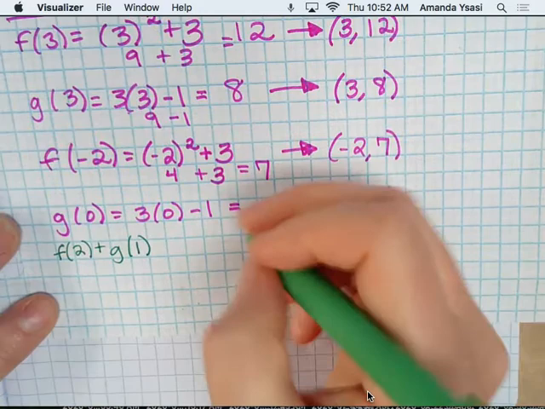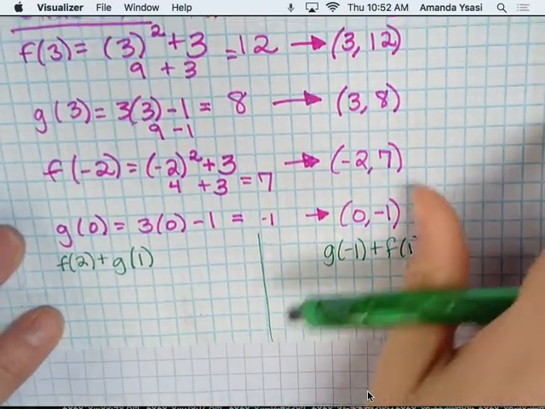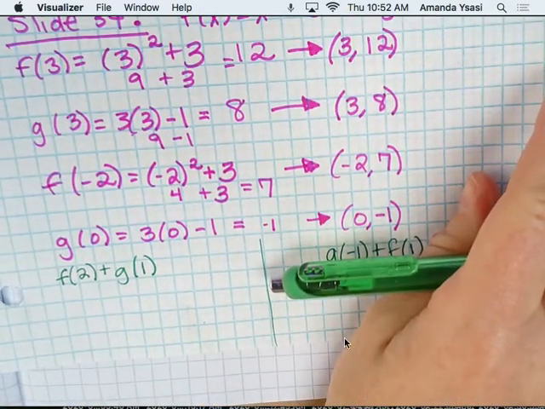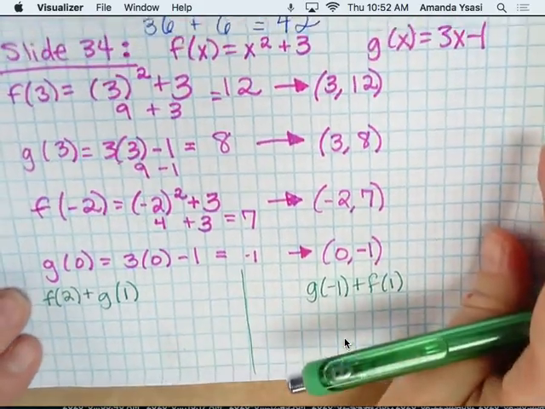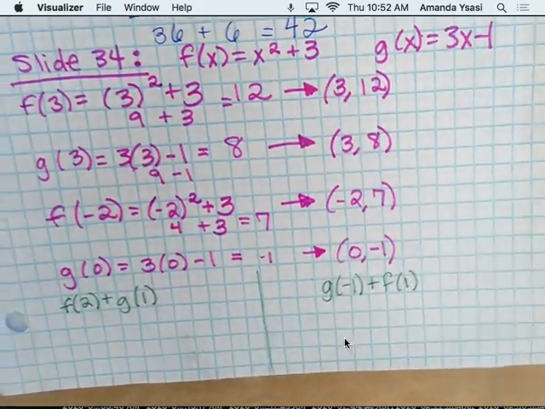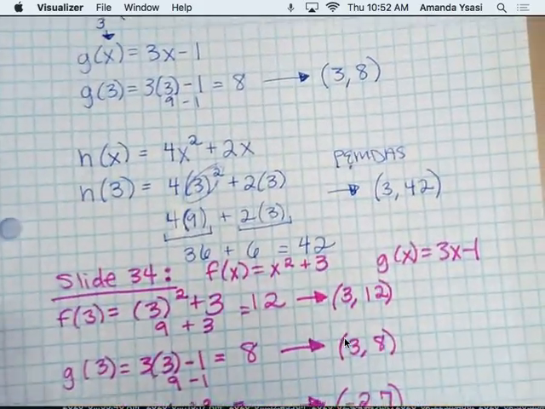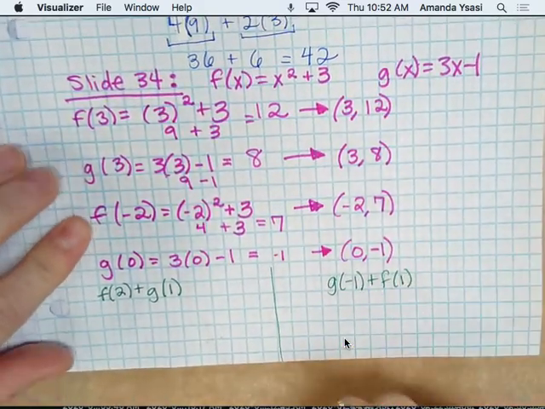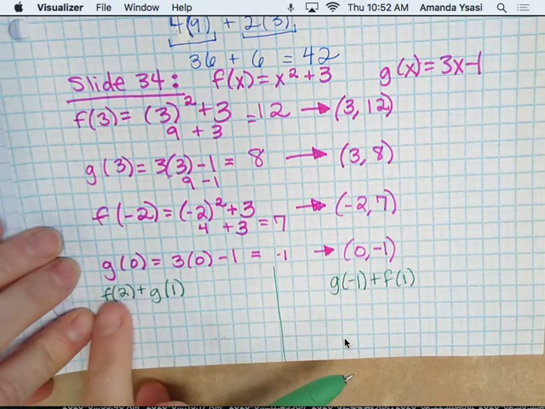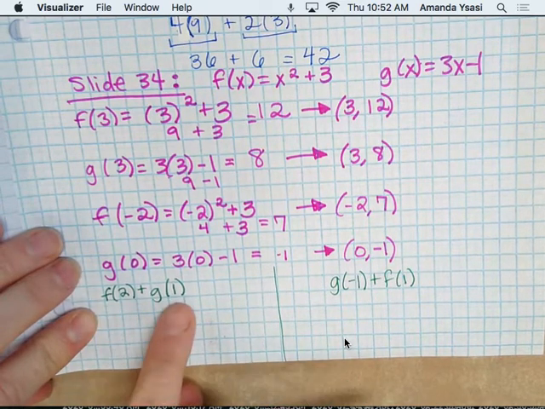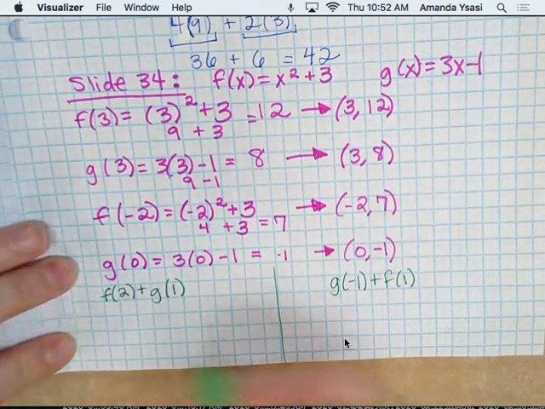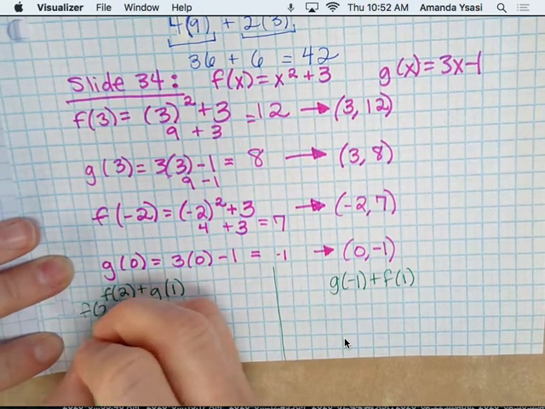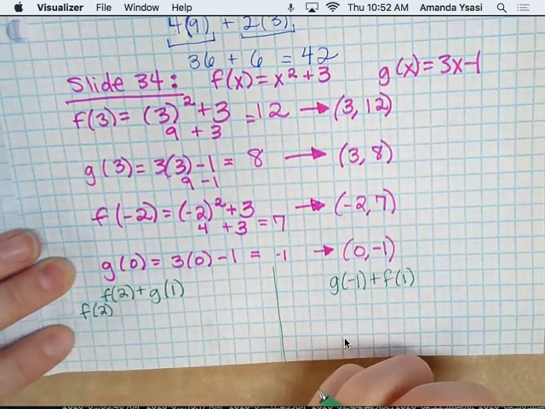So we're going to do these 2. So we have to do f of 2 and then add it to g of 1. So we need to do them separate. So find what f of 2 is and then add it to g of 1.